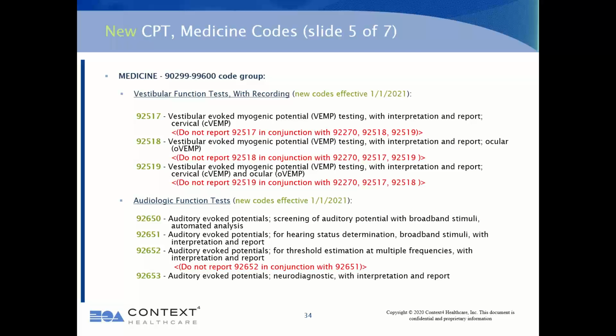These 3 new vestibular function test codes, 92517, 18, and 19, should not be reported with another code in the same code group, nor with CPT 92270, the code for electrooculography. And on the bottom of this slide, there are also 4 new auditory function tests, codes 92650 through 53. If 92652 is reported, this includes 92651.